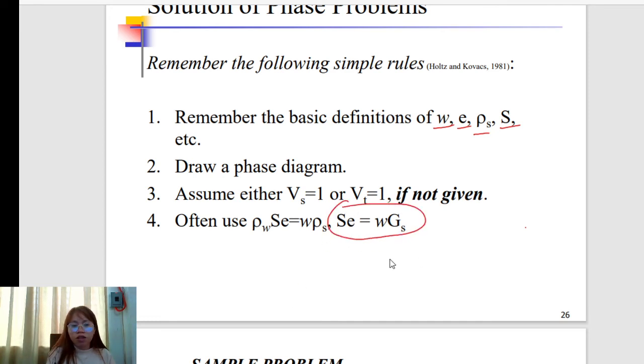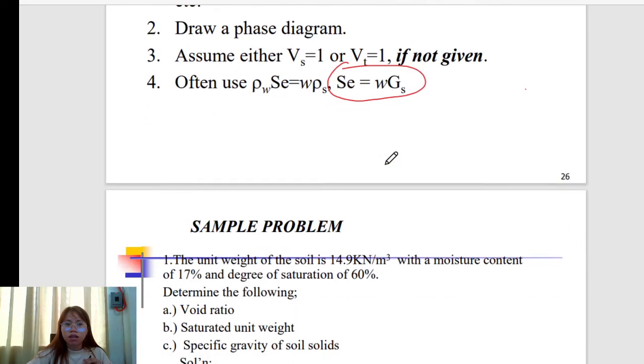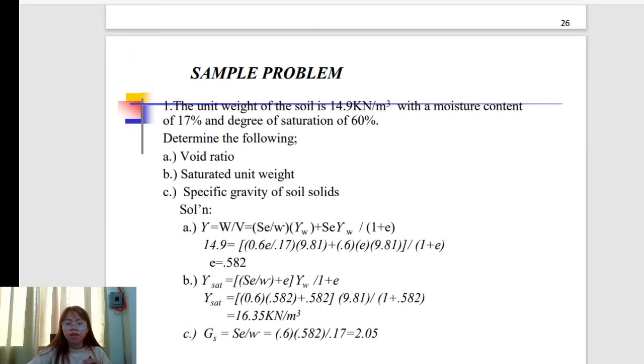The degree of saturation times the void ratio is equal to the moisture content times the specific gravity of soil. Alright, we have this sample problem.